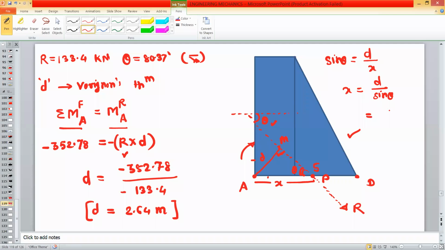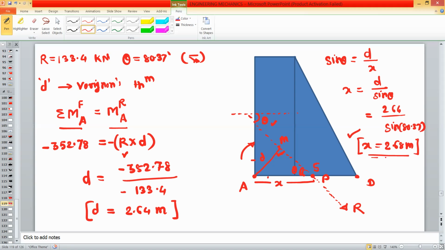D distance is 2.64 and your theta value is 80.37. So you will get the value x equal to 2.68. So this is your final answer.